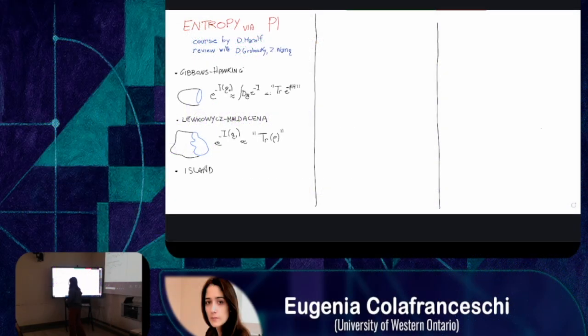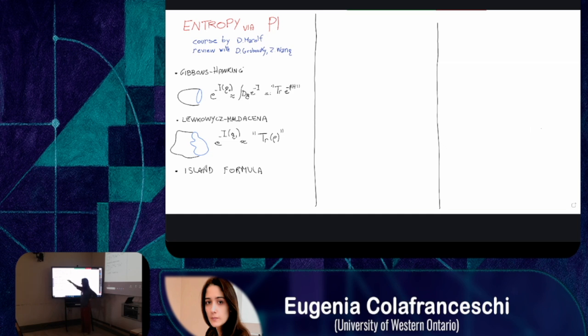So I want to start with a recap of the motivation and also something more which I want to mention in case I don't have time at the end. So first, as I told you last time, this is the story I want to tell you, which is how to compute gravitational entropy from the path integral.